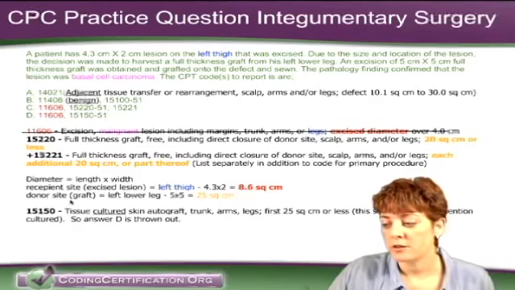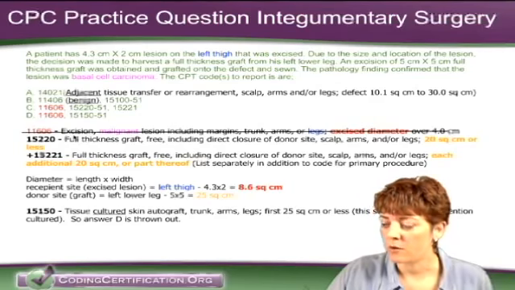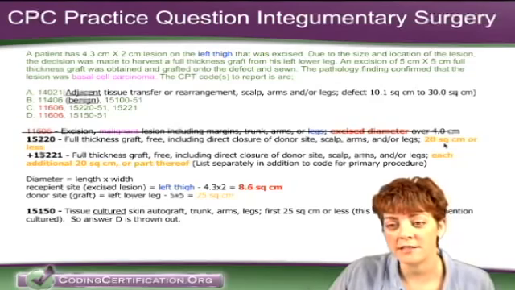So that becomes an 8.6 square centimeter defect area, okay? The donor site, the graft, the left lower leg, was 5 by 5. So it's 25 square centimeters. So in this case, it's talking about excision of malignant, okay, over 4 square centimeters. Then we have to do the math for the 15220 and 15221. 15220 is 20 square centimeters or less.